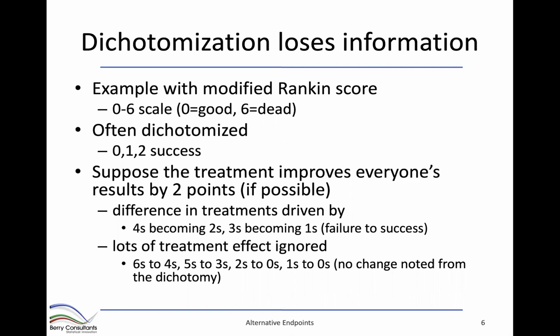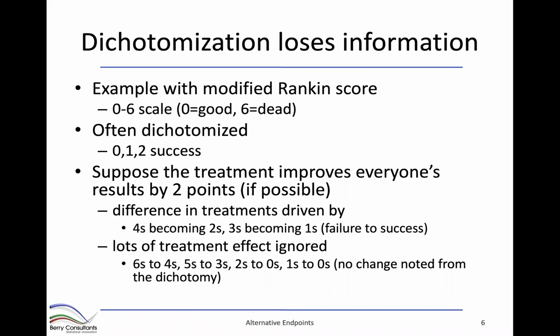It's essentially a vegetative state to someone who can function with some help, but certainly can function. 2s to 0s are also ignored, and of course the 1s to 0s. So realistically, a huge group of patients is ignored. Their treatment effect, which is all meaningful and valuable, is ignored by this dichotomization.